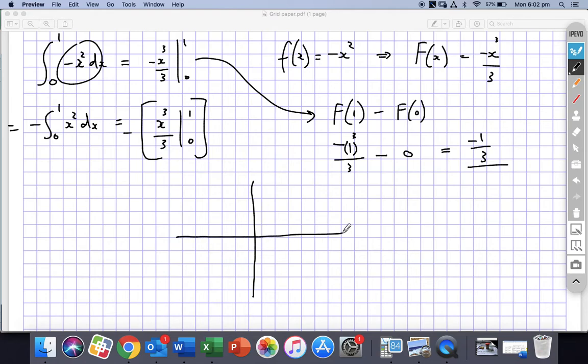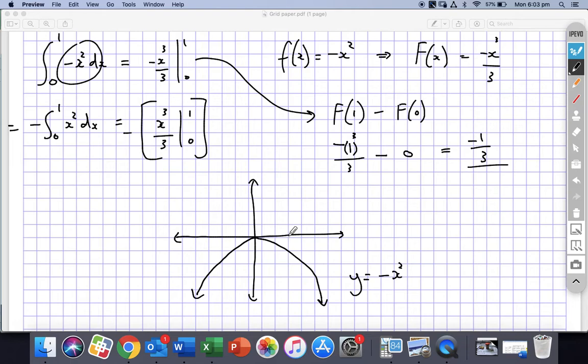You have seen this before. Say I draw in a parabola, y equals x squared. What happens if I whack a minus in front of everything? All the y values become negative, and we get this reflection. So we've got this as our function, y equals minus x squared.